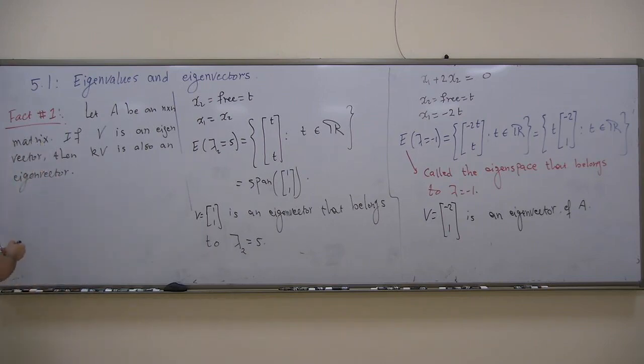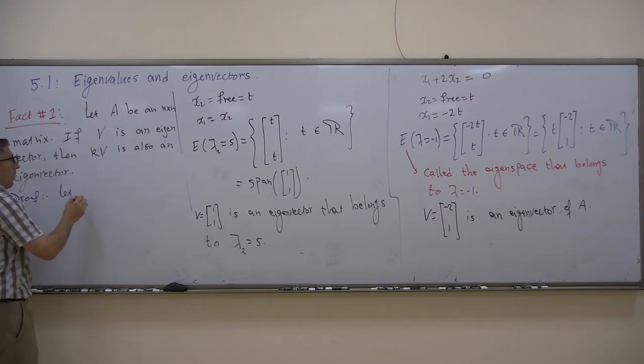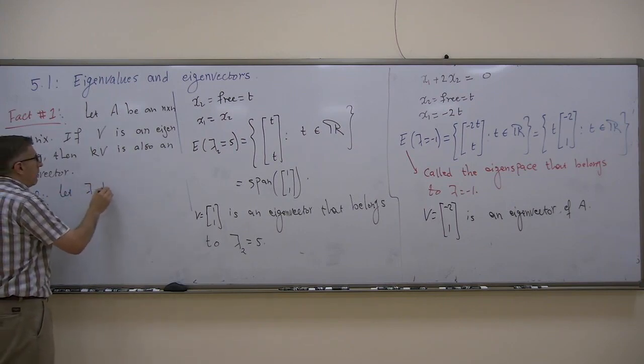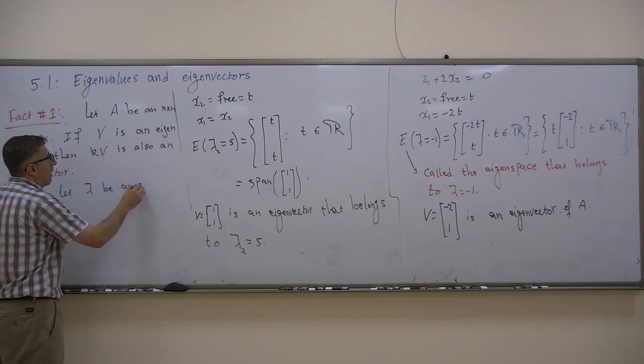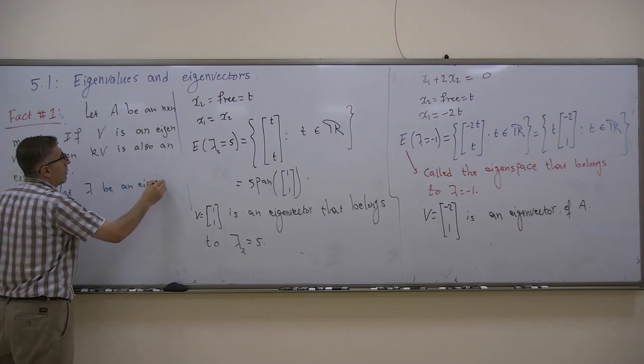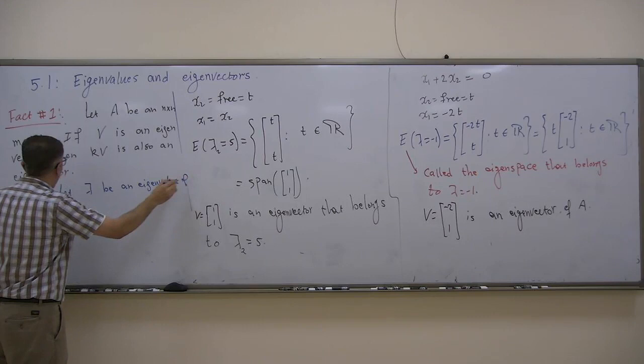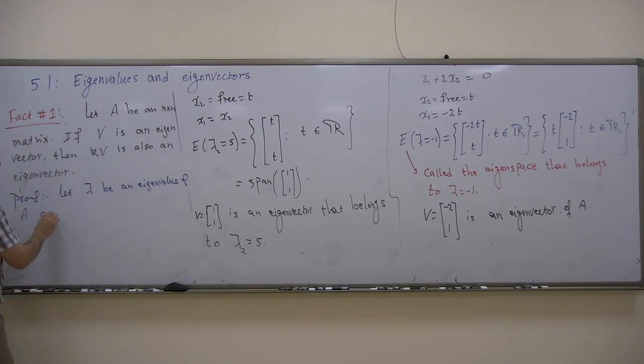If you want to prove it here, you can prove it as follows. Let lambda be an eigenvalue of A and V be an eigenvector.